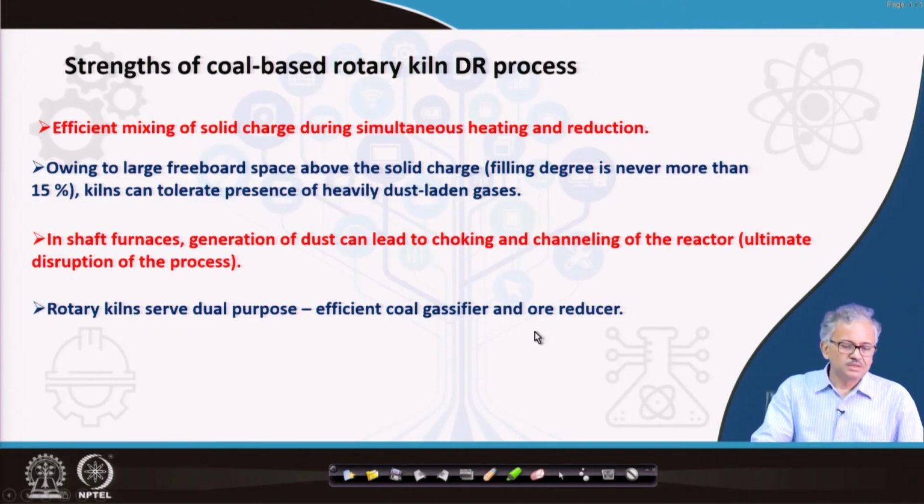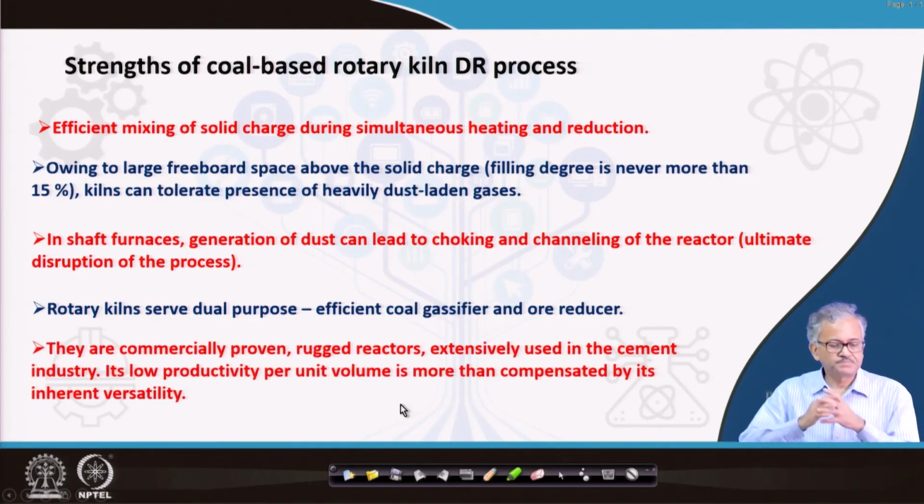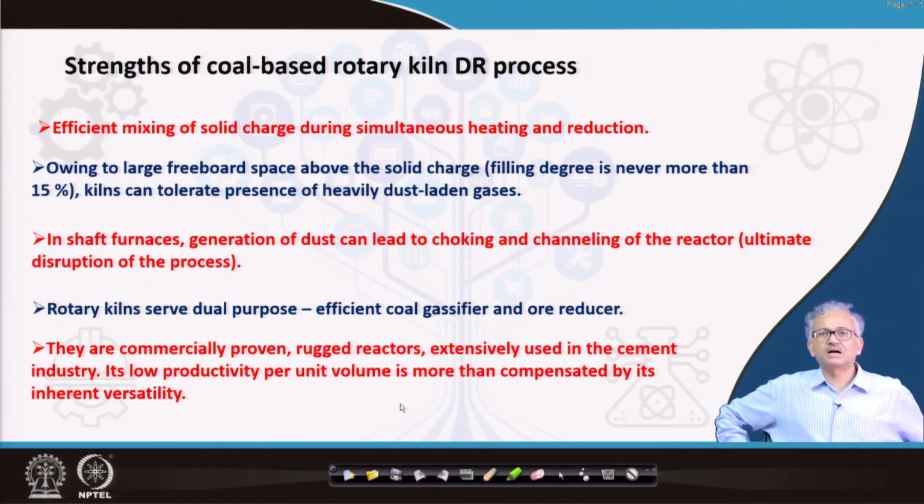So the rotary kiln process acts as both an efficient coal gasifier as well as an ore reducer. Both coal gasification and ore reduction take place in the same reactor. It serves a dual purpose. They are commercially proven, very rugged reactors, and were extensively used in the cement industry.